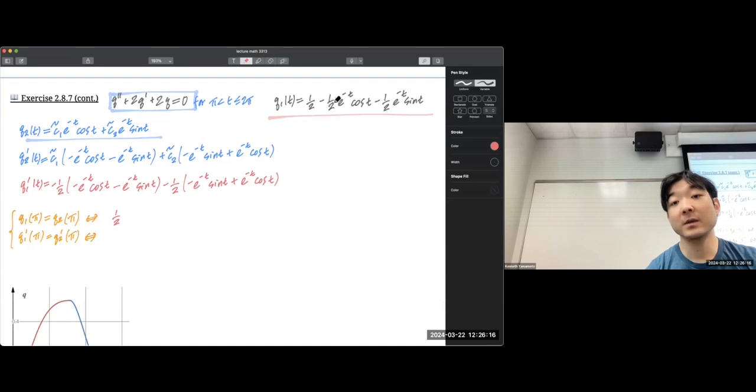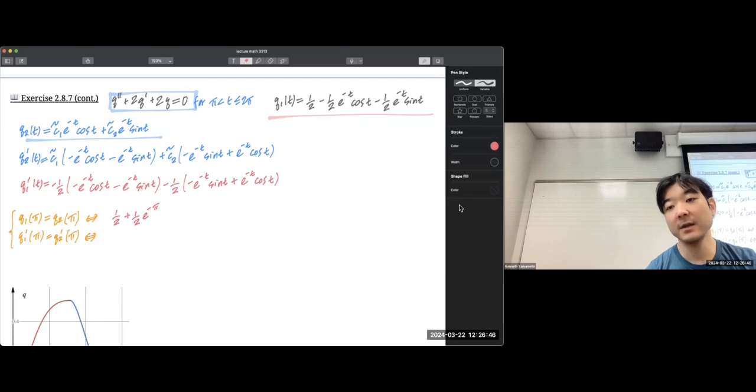There's a minus half e to the negative pi cosine of pi. Cosine of pi is negative 1, because it goes down, so it's going to be plus half e to the negative pi, minus half e to the negative pi, but sine of pi is 0, so that goes away.